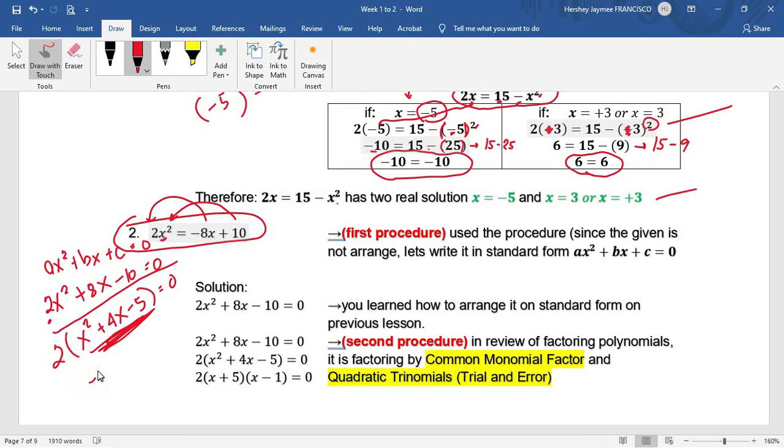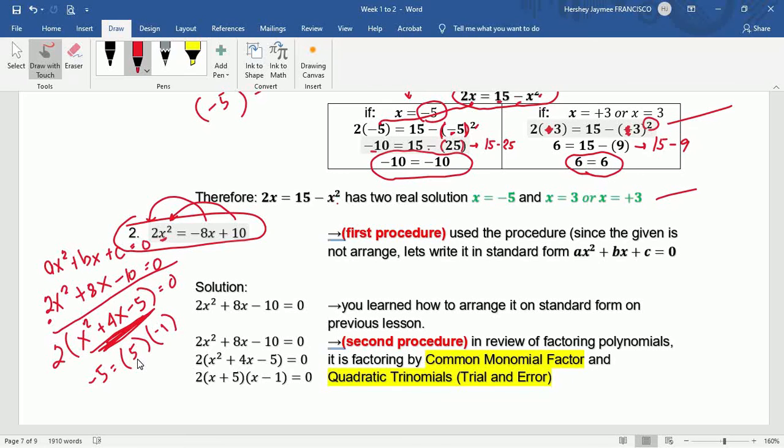So, get the factors of negative 5. What are the factors of negative 5 such that when you add the two factors, or the two numbers, the answer is 4? Most likely, the larger one should be positive so that the sum is positive. So, you have 5 multiplied by negative 1. This is its factor. 5 multiplied by negative 1, the answer is negative 5.